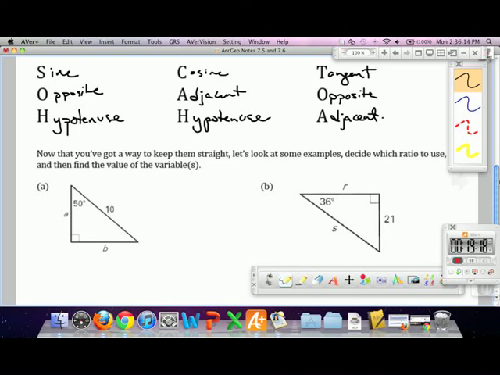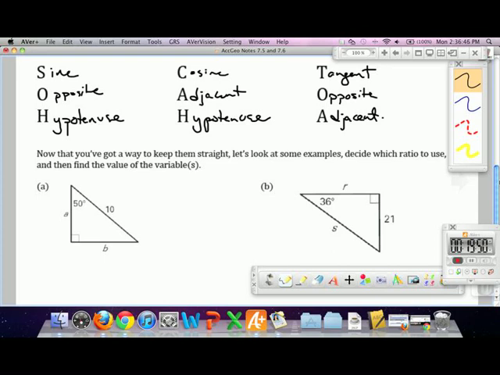Let's set up a sine, cosine, or tangent ratio to help us find either A or B. Ideally, you'll pick a ratio so that you know the angle and you know one of the two sides, and you're going to find the third. So I need to pick a ratio that uses this angle 50 and this side 10 and only one of these two missing pieces. It doesn't really matter which one.